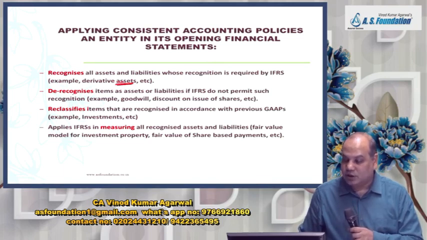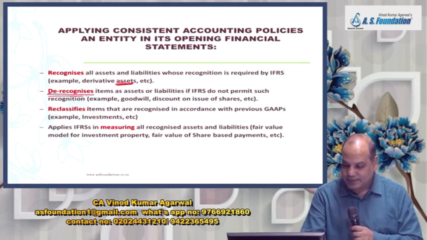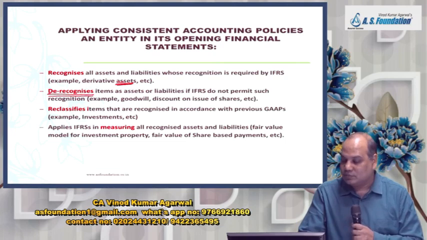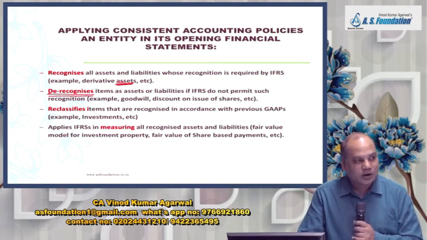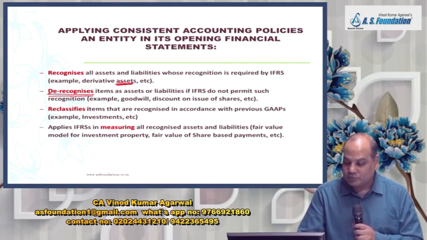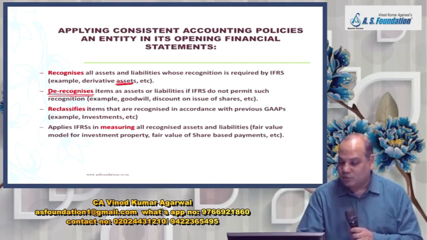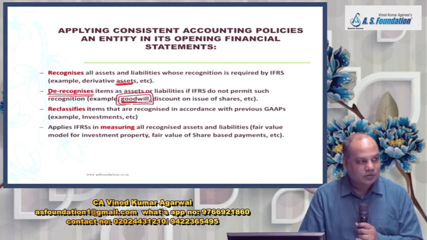Then the next thing you have to do is derecognize those assets or liabilities which IFRS does not permit to be recognized. Okay. In the previous GAAP, you might have recorded some goodwill which was not acquired in a business combination.